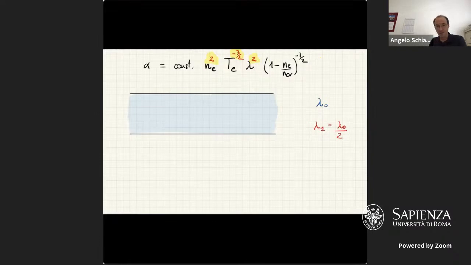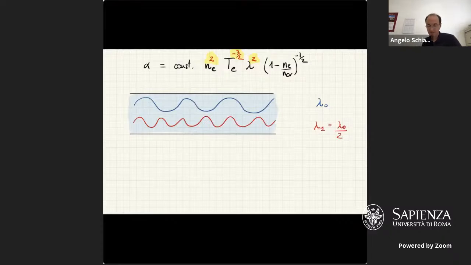Lambda 0 is going to be radiation of this kind, and lambda 1 has half of the wavelength, so it's going to be something like that.